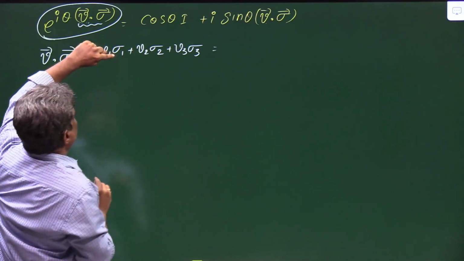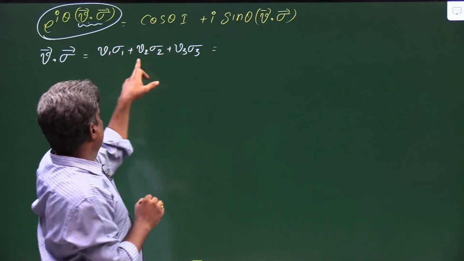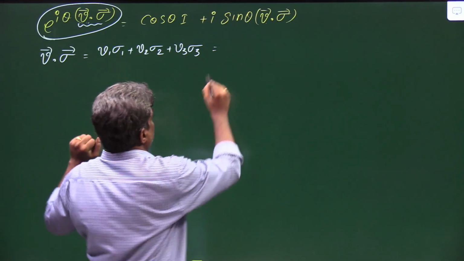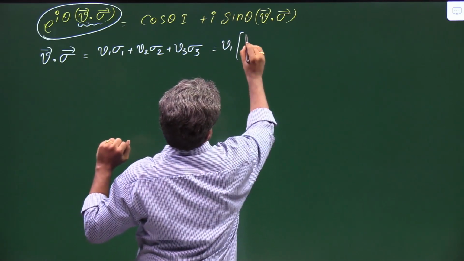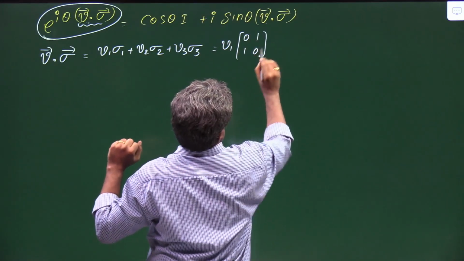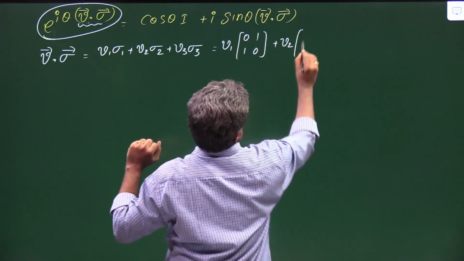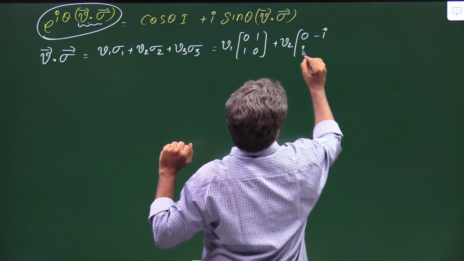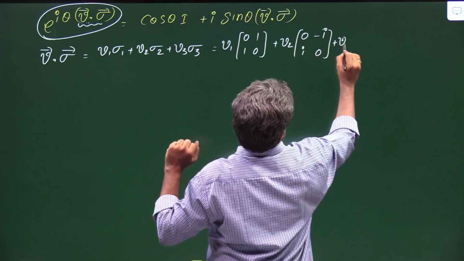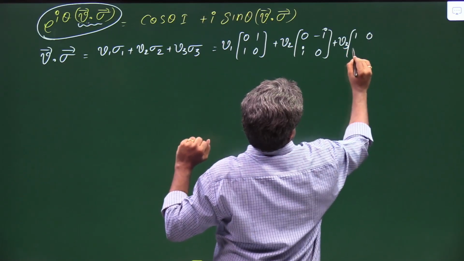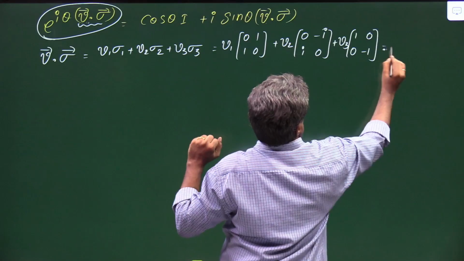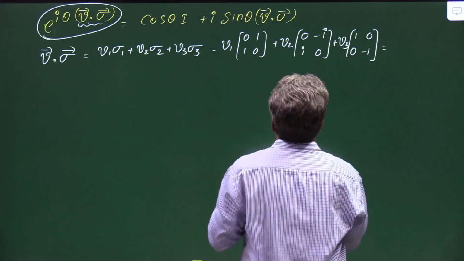So if you substitute your sigma x, 0 1 1 0, and plus v2 times 0 minus iota, iota 0, and plus v3 times 1 0 0 minus 1. If you just add these matrices, there is no difficulty at all.